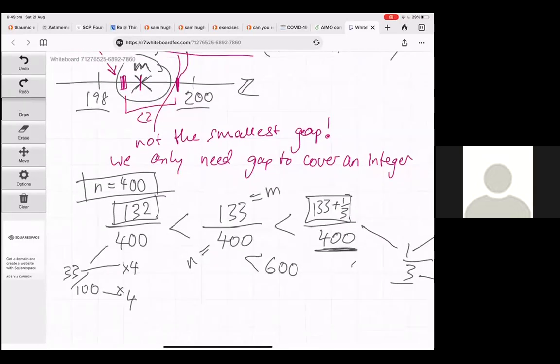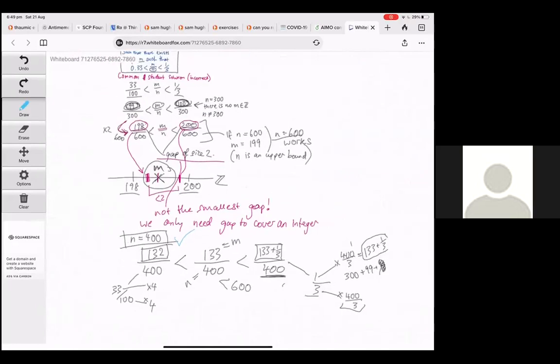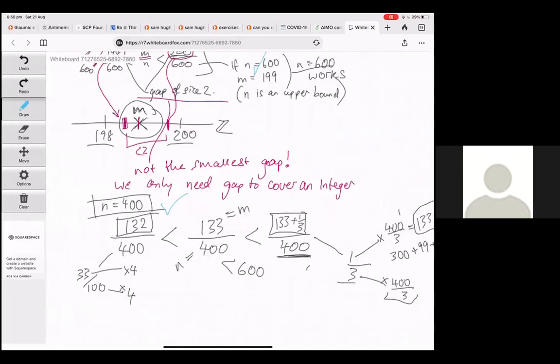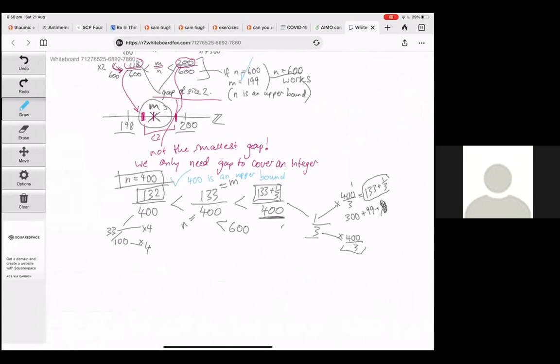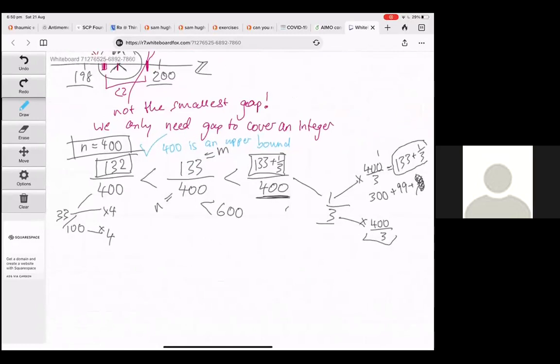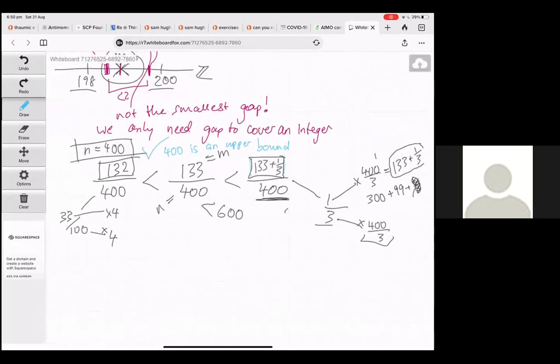So that means 400 actually works. 400 is an upper bound. But I just randomly showed you 400 to prove a point, just to show that you can make the outside numerators not integers and still be able to squeeze an integer between these.